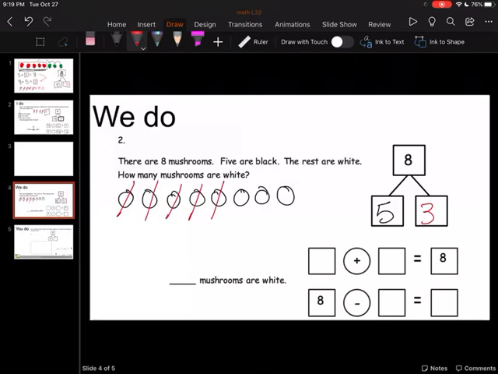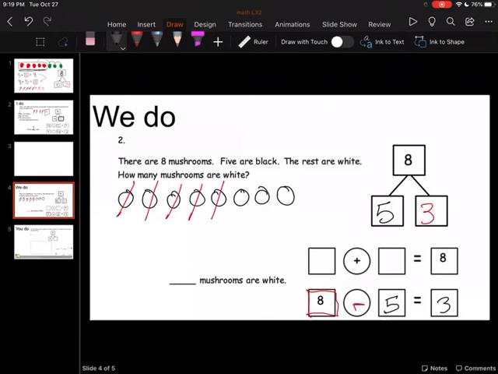So what we did first was take away. We started with 8, and then we took away, how many did we take away? 5. We took away 5. And then how many mushrooms were we left with? 3. We were left with 3 mushrooms.